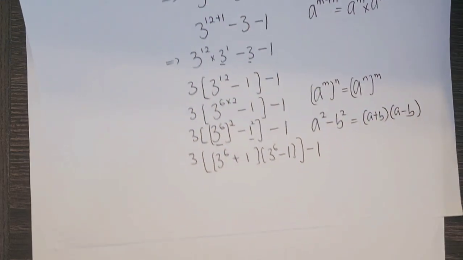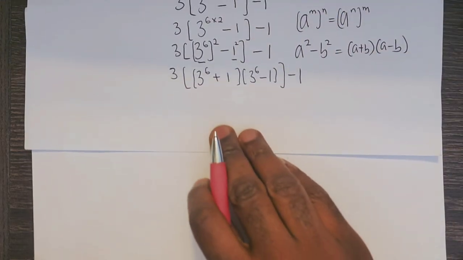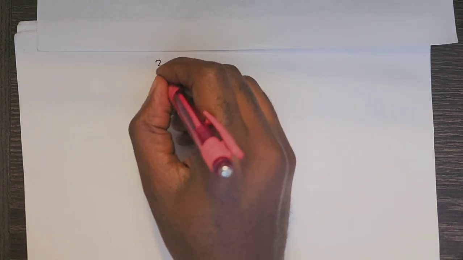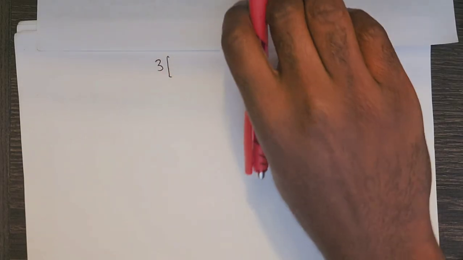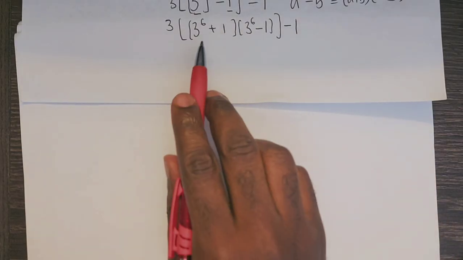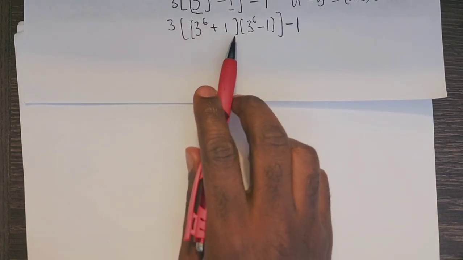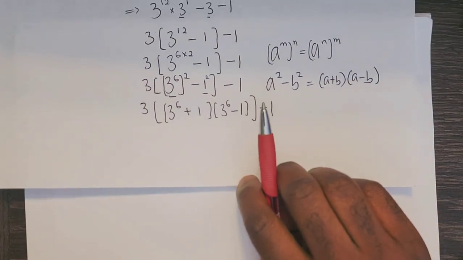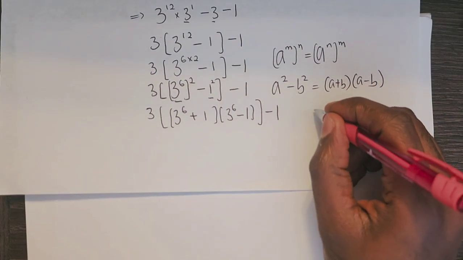And from here, I'm going to have 3. Now, recall I have 3 to the power of 6 plus 1, and also this. But the question is this: how can we simplify this 3 to the power of 6?